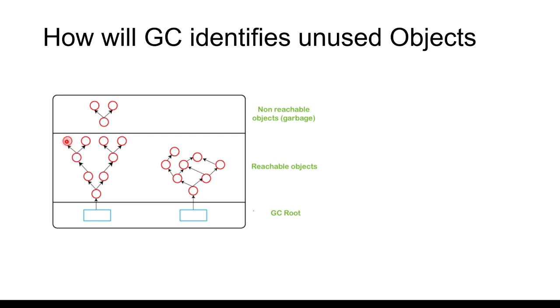If it is reachable, it will leave it. If the object is not reachable, then it will empty the space and free up the memory, cleaning up all the unusable or non-reachable objects to make free memory space, and that memory space we can use for creating new objects. So this is how the garbage collector works internally.